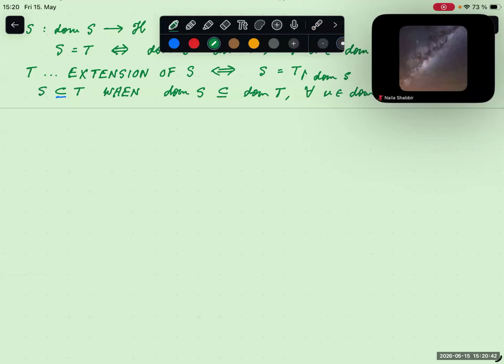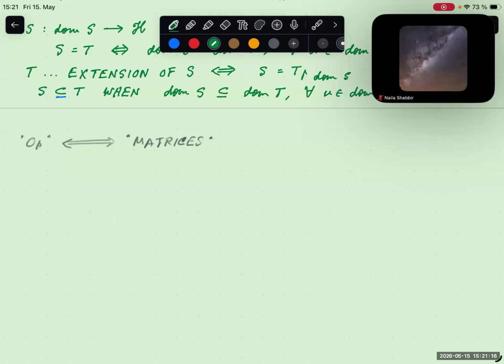So if I write heuristically this way, the slogan tells us that operators, I mean, I should not write equal, but let's put it this way, are the same as matrices. Probably some of you have heard this slogan.